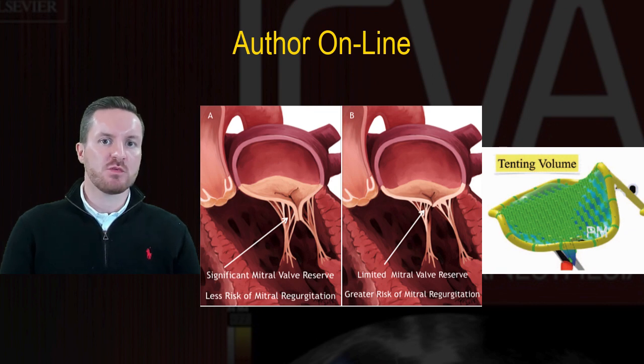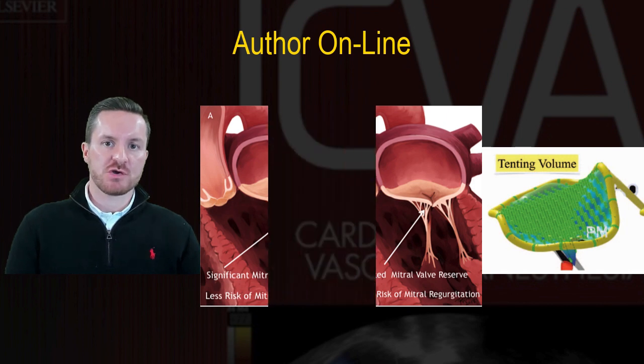However, those valves with increased tenting volume or a reduction in their coaptation area are at significantly increased risk for developing future mitral regurgitation. Our study highlights that, potentially using tenting volume as a surrogate for a reduction in coaptation area, we could track these valves into the future and possibly intervene at an earlier stage, and also potentially lead to improved patient outcomes.